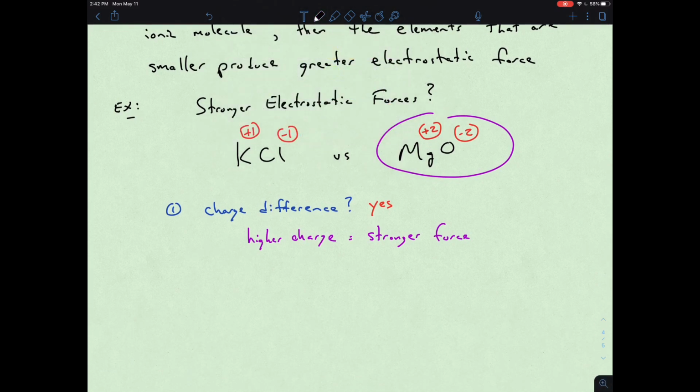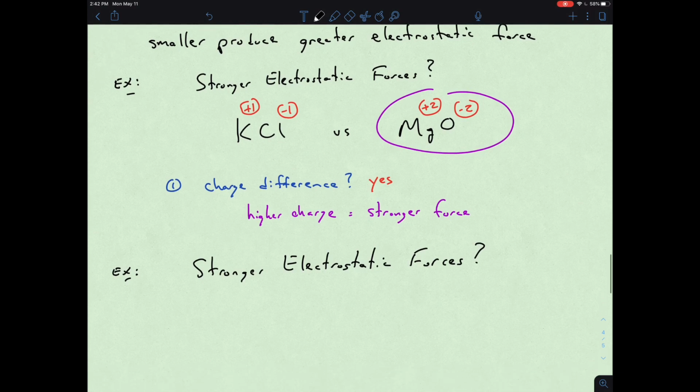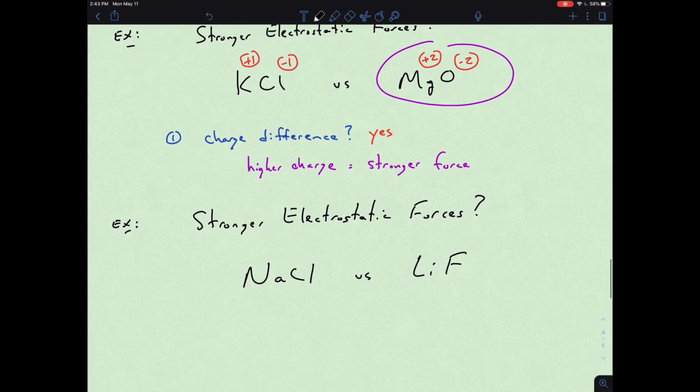Could ask a very similar question, same idea, stronger electrostatic forces, and look at sodium chloride versus lithium fluoride.